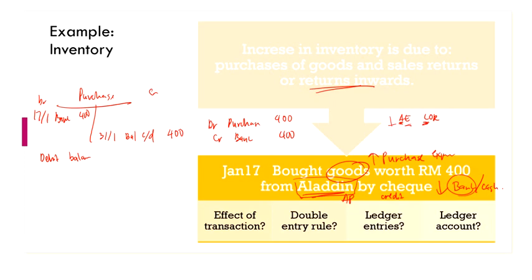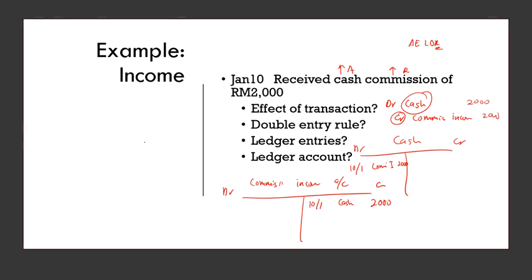Maksudnya debit and credit side at the end mesti kena sama. Sebab tu kita akan ada balancing figure. So ini contoh pertama. Second, okay, since tengok commission income, dia ada credit side dia lebih higher than your debit side, so we call it as credit balance. Tapi kita akan tulis dia belah debit lah, balance carried down 2000.